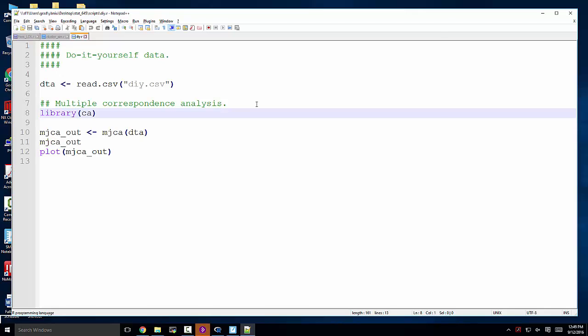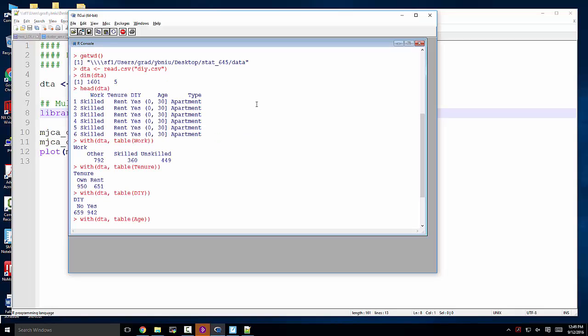So I can't do matrix algebra on a bunch of categorical variables. They're text strings, but you can tabulate or cross-tabulate all the combinations of these. So how many times was there skilled, rent, yes, 0 to 30, and apartment? Tabulate that. And how many times was there skilled, own, yes, 0 to 30, and so on. So you could imagine a big array of counts, frequencies.